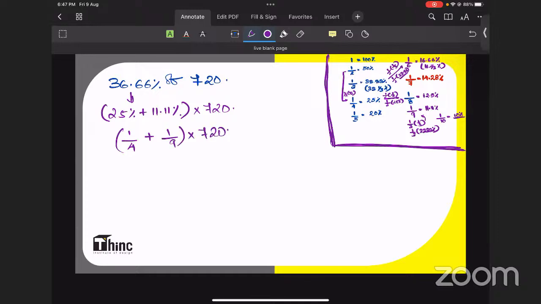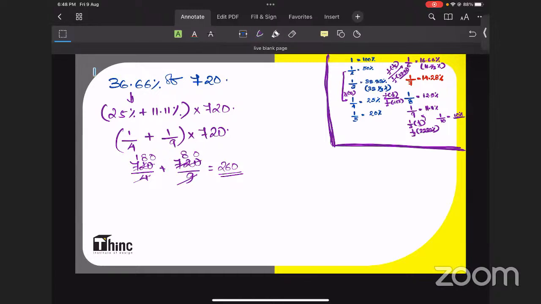So 720 by 4 plus 720 by 9. 720 by 4 is 180, and 720 by 9 is 80. So 180 plus 80, that is 260, is the required answer. It is easy to solve if you solve in this format; otherwise it will be a tedious task.